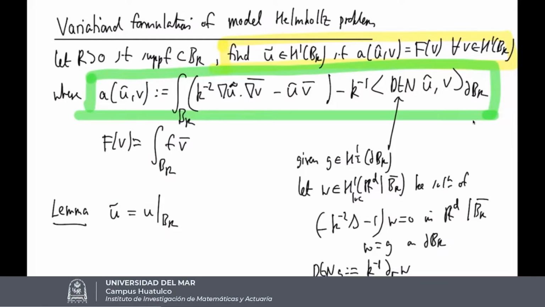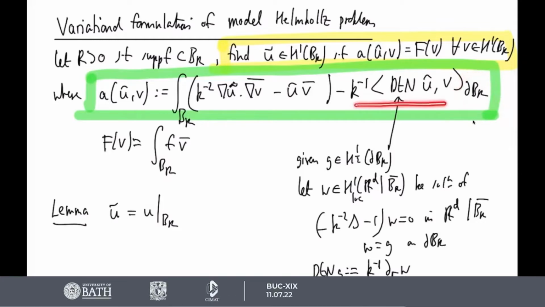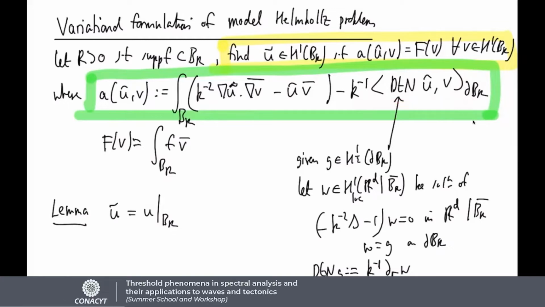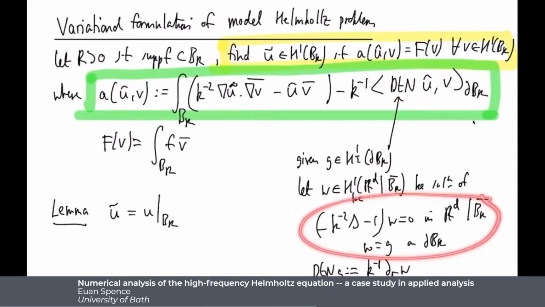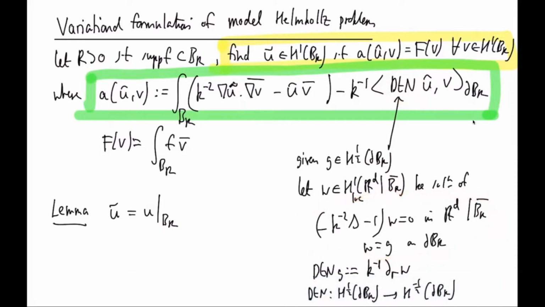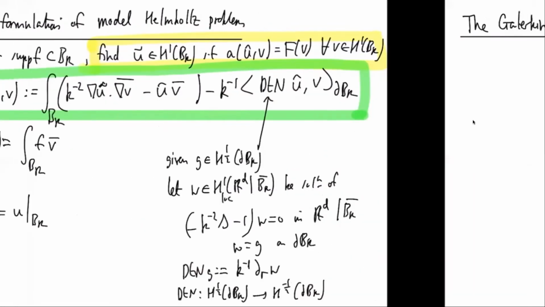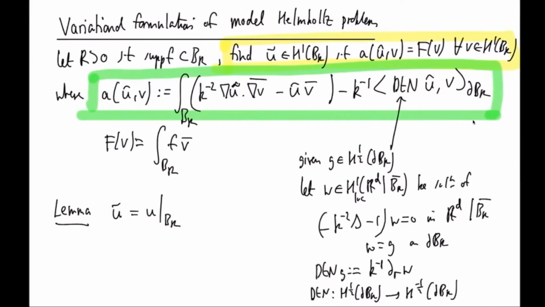So I have to introduce this artificial boundary, the boundary of this ball of radius R, and then on that outer boundary, I can formulate a variational formulation as long as I involve this exact Dirichlet-Neumann map for the Helmholtz equation in the exterior of the ball. In fact, you can write it down explicitly, but we're just going to treat this as some known operator. So that's the variational formulation.